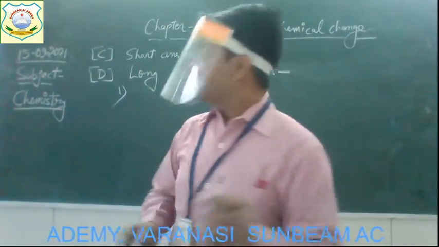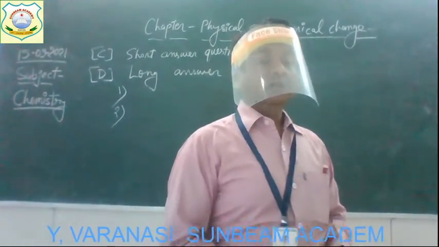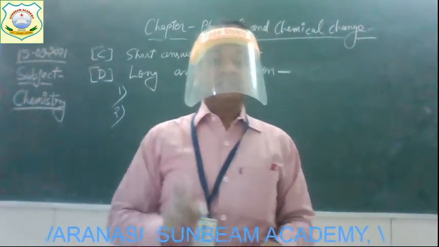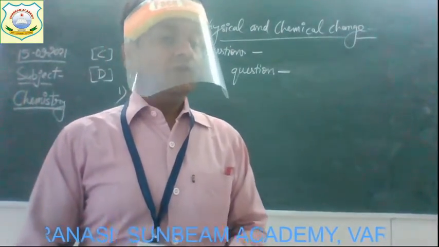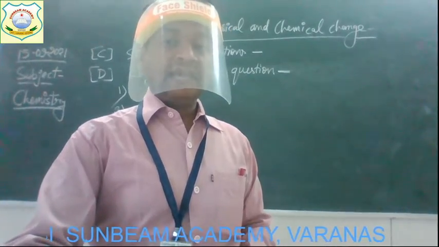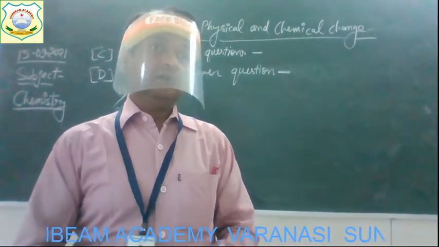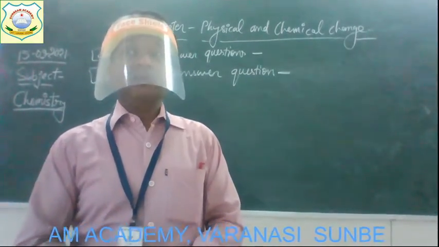Okay, now come to the next question, number 2. The question is: which gas is given off when dilute hydrochloric acid is added to calcium carbonate? Children, just go through the question.